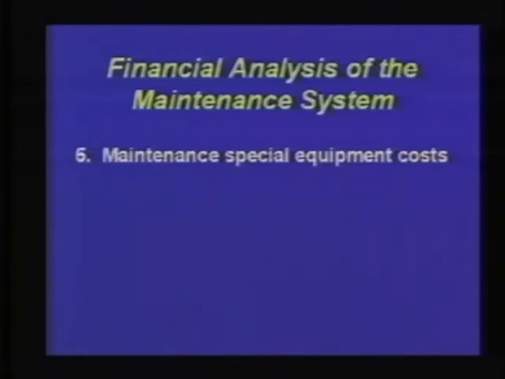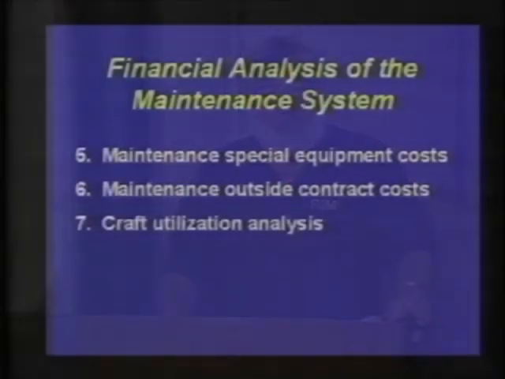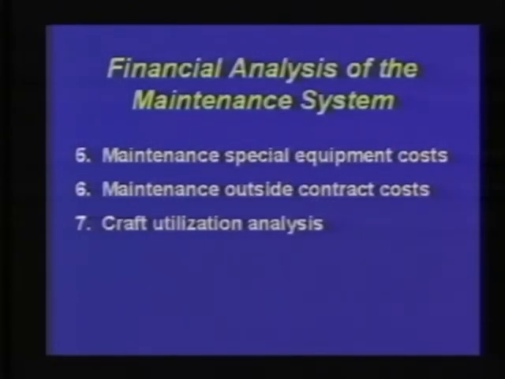If there is the utilization of outside contractor costs, then that is shown as item number 6. Now, 7 is craft utilization analysis, and that can be done by individual craft employee.